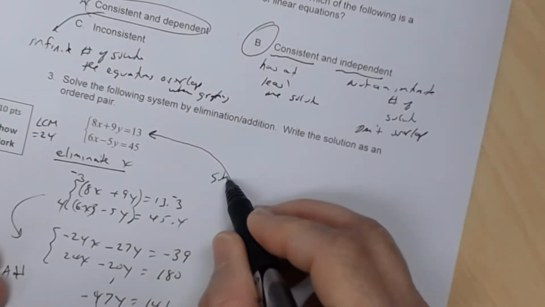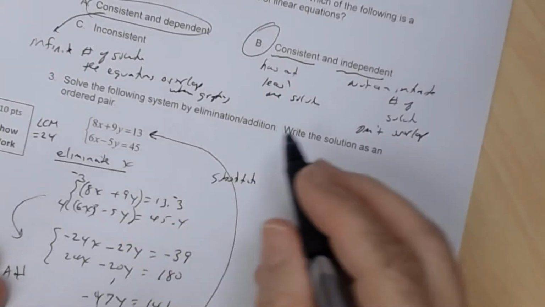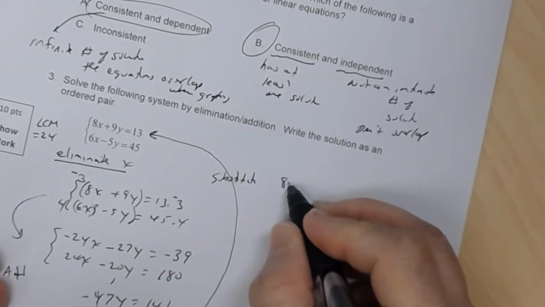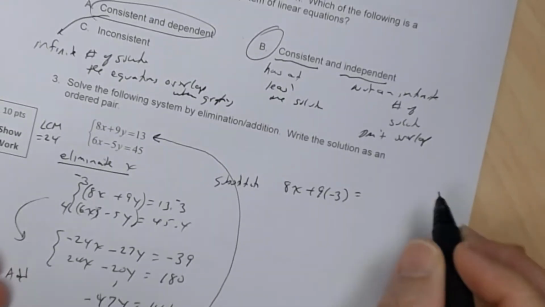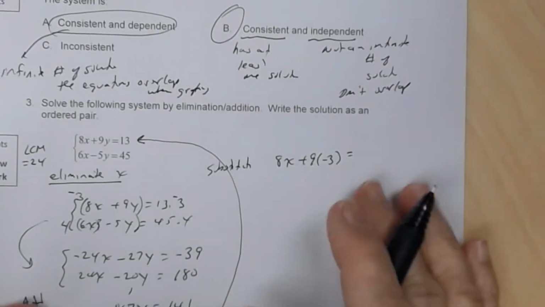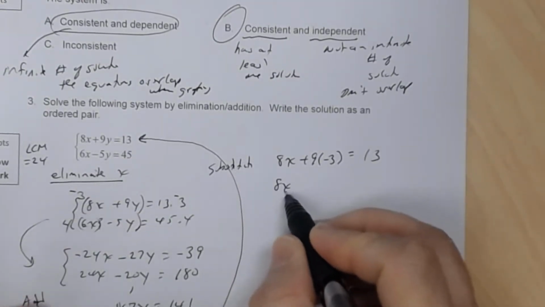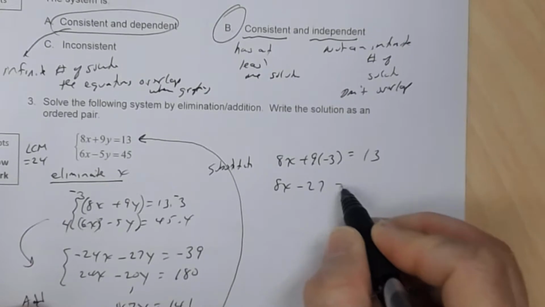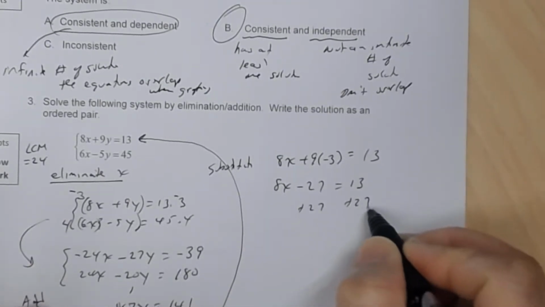So I'm using substitution. That's part of elimination. You've got to substitute this value back into one of those equations. So I get 8x plus 9 times y. Y is -3, and that's going to equal 13. So I get 8x minus 27 equals 13. Add 27 to both sides.